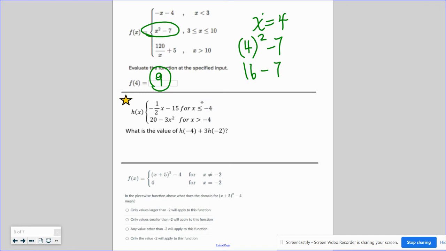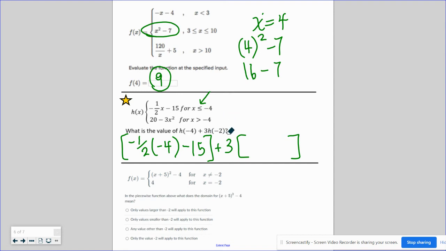They both have -4s, so again, we're looking for that equal to, because -4 is not less than, but it is equal to -4, and -4 is not greater than -4. So we're going to use our first function, which is -1/2 times a -4 minus 15. So we're going to solve that. Then we're going to add it to 3 times whatever goodness we get to do with our next h of -2.